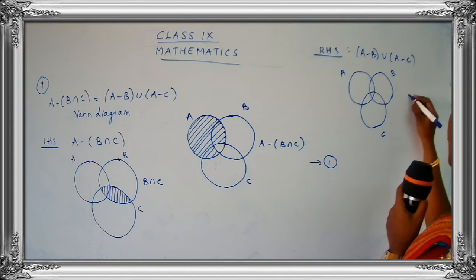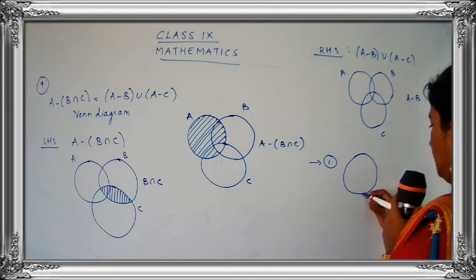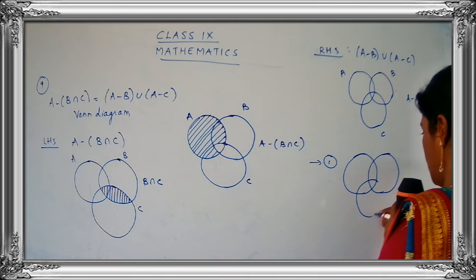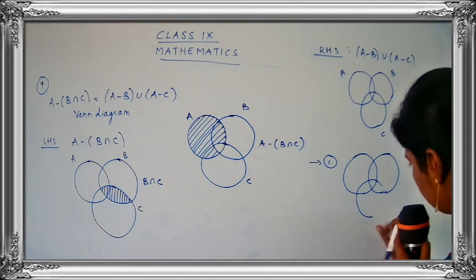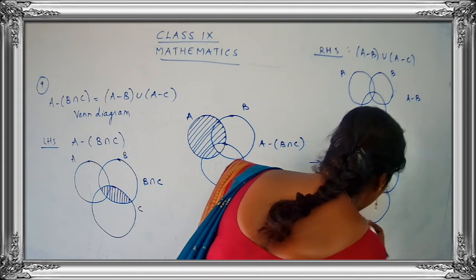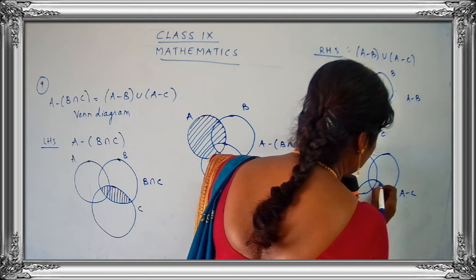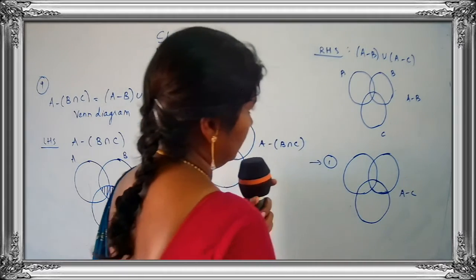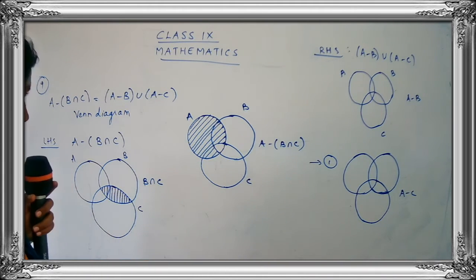A, B, C. This is for A minus B. A minus C. Okay, so A minus B, A minus C, and let's just draw one more figure.